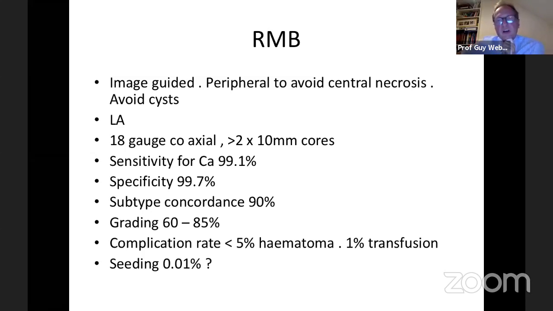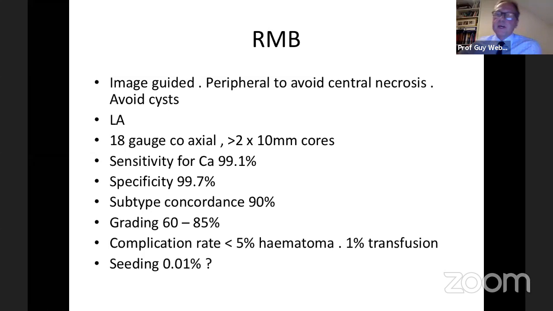And now we have good studies showing very high sensitivity and specificity for cancer, and pretty good subtype concordance with the patients who have gone on to have ablative surgery, partial or total nephrectomy, looking at the histology of the excised specimen. The Fuhrman grading varies.